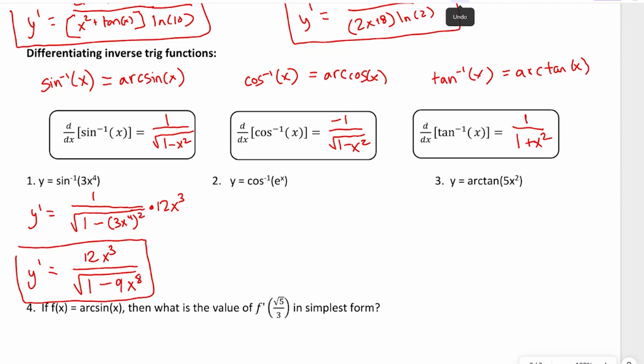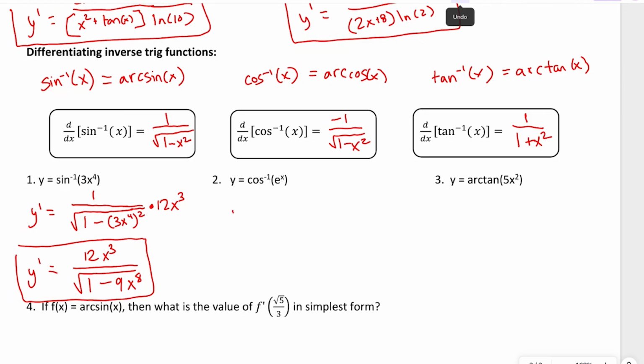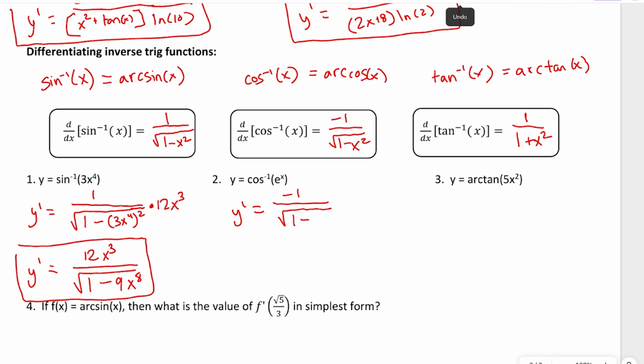Number 2, we're going to do this in basically the same way that we did number 1. We'll differentiate both sides and get negative 1 over the square root of 1 minus e to the x squared, times the derivative of e to the x, which is just, of course, e to the x.